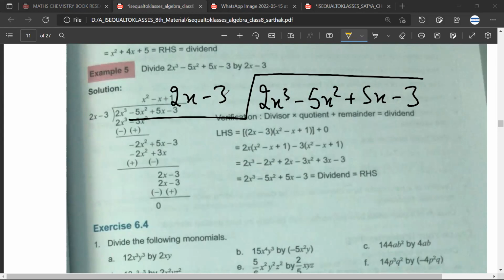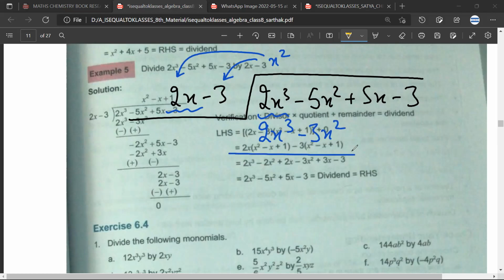What is the first term that I should write? X raised to the power 2. So this would be 2x cube. This multiplied by this multiplied by this. So this would be minus 3x square. Sarthak, any doubt? No, sir.